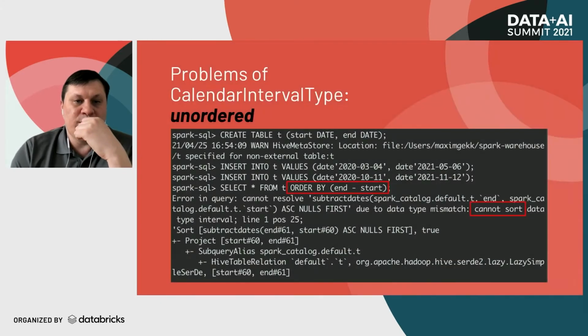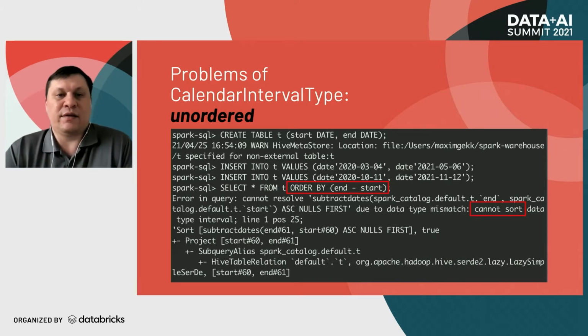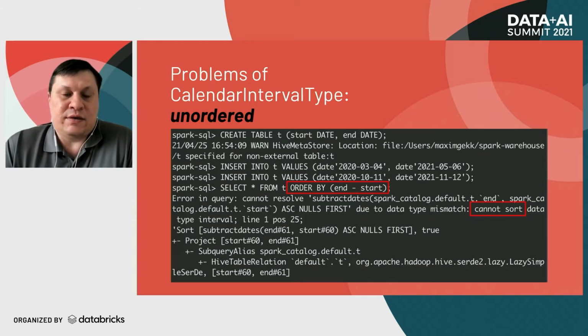Another problem is, if you cannot compare intervals, you cannot order intervals. Unfortunately, for example, here I created a table with 2 columns of date type, and tried to subtract and order by the subtraction.